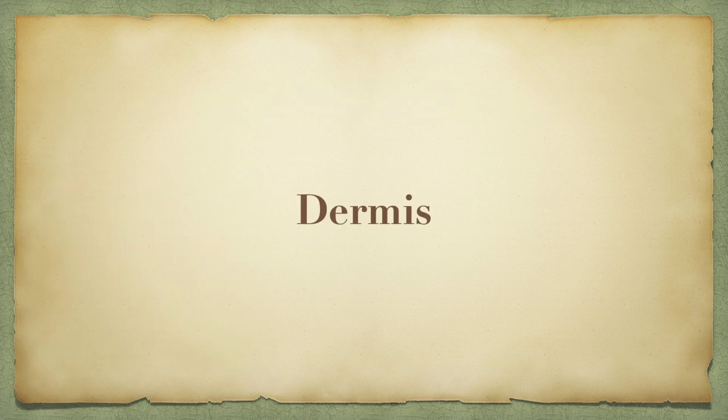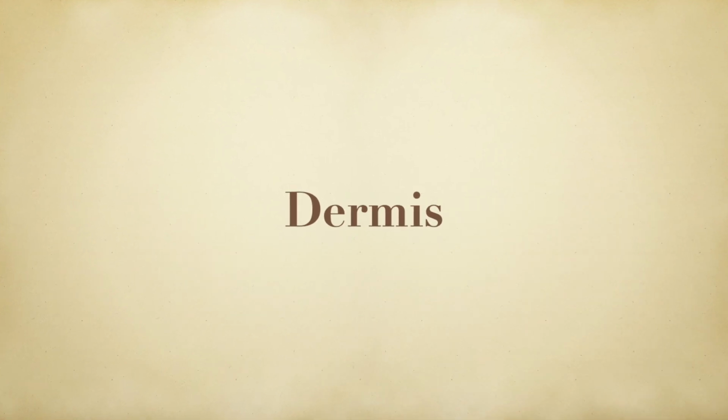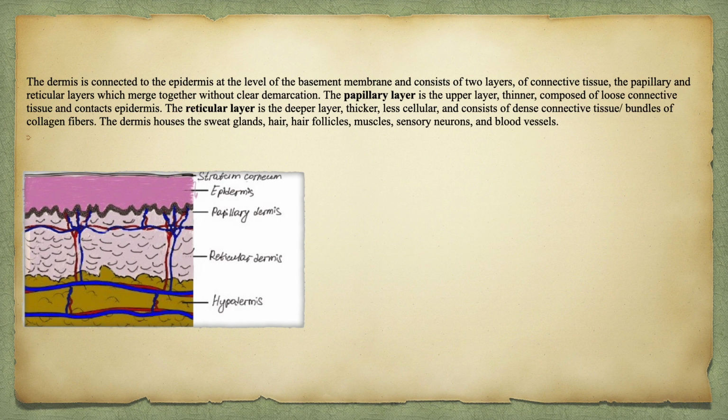Dermis. The dermis is connected to the epidermis at the level of the basement membrane and consists of two layers of connective tissue, the papillary and reticular layers, which merge together without clear demarcation. The papillary layer is the upper layer, thinner, composed of loose connective tissue and contacts epidermis.